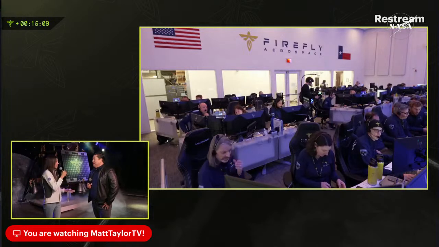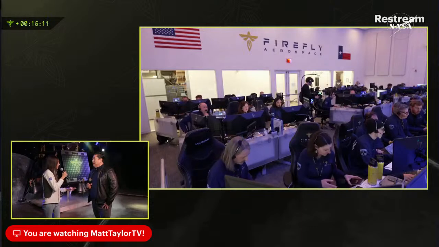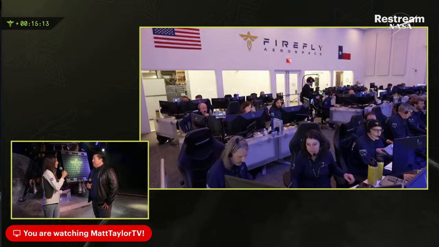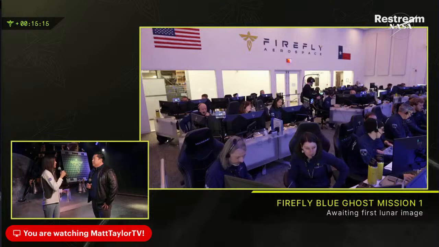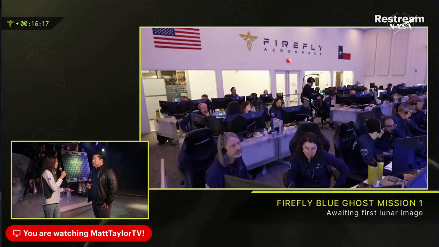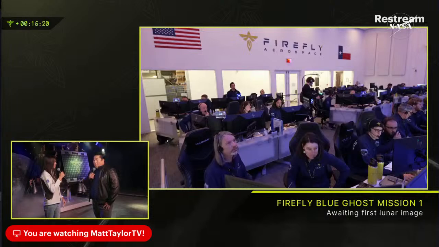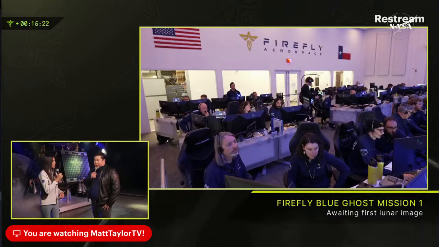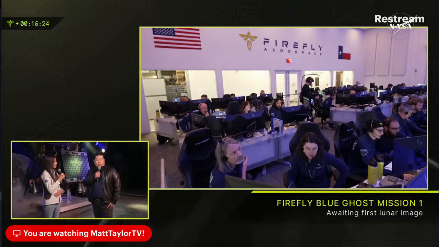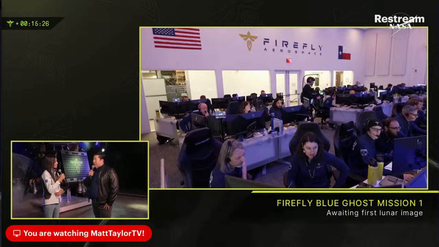It was discussed earlier, Firefly not only develops lunar landers, but you guys also build and launch rockets. Can you tell us a little bit more about what else is in store for the Firefly team? Well, right after this, we're going to get ready for our first launch of the year. We're going to launch our 1-ton rocket called Alpha.